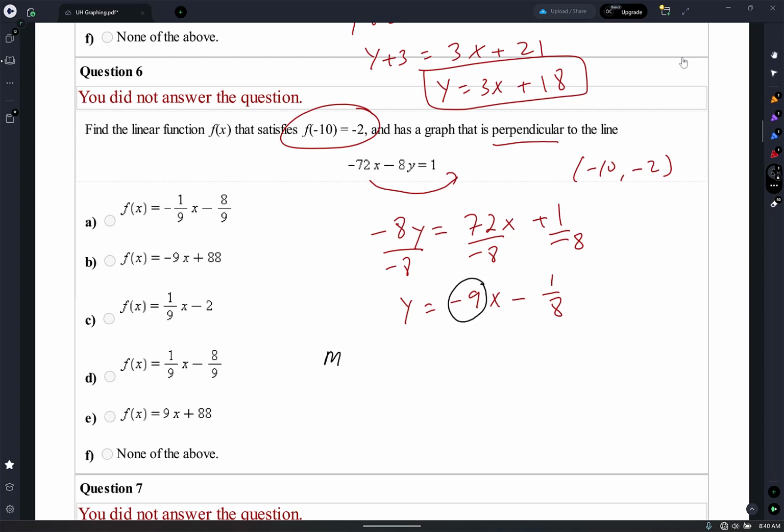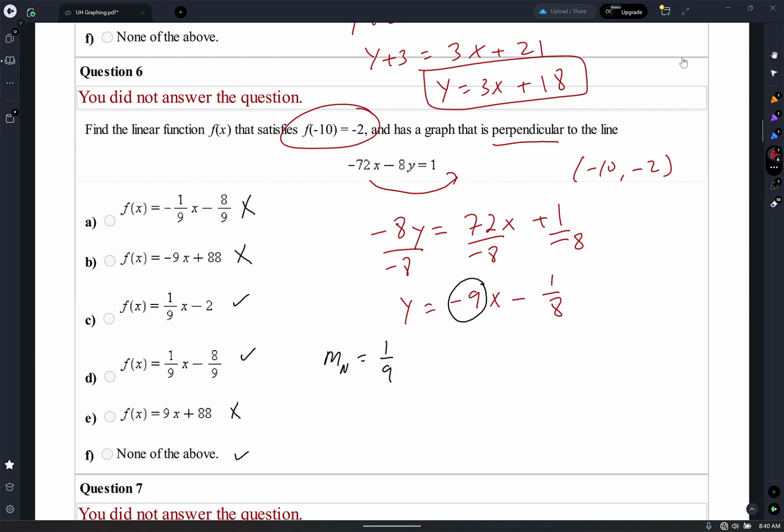Tell me what the opposite reciprocal is of negative 9. What is it? 1/9. It should be between those three now, guys.